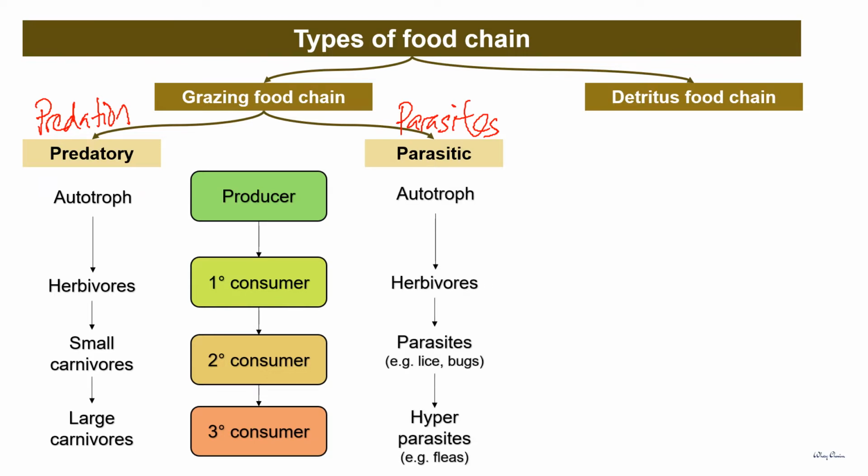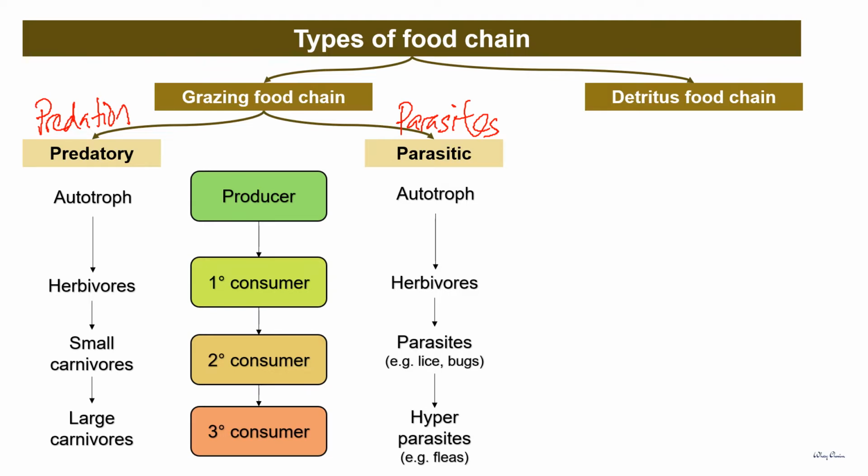If we move on to the parasitic food chain, the first trophic level is still autotroph, because they must be the producer in the first trophic level. And the primary consumer, or the second trophic level, are herbivores. The organism feeds on plants or feeds on producers. But in parasitic food chain, from the 3rd trophic level or secondary consumer, it consists of parasites, which are lice or bugs.